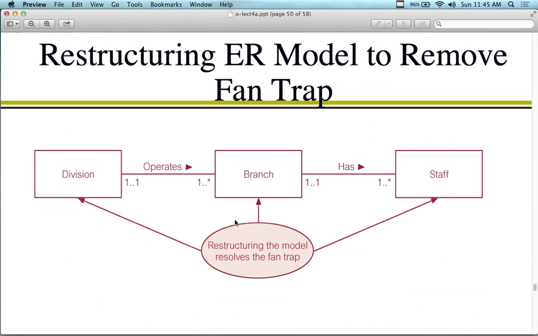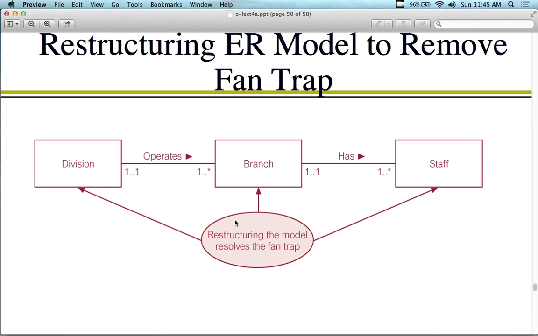In this particular case, it's just a matter of restructuring the diagram. You take the diagram and change the order that the entities and the relationships appear in. Then we know that the divisions are operating at branches and the people are working at the branches. So it had to do with the order that you were putting something in.